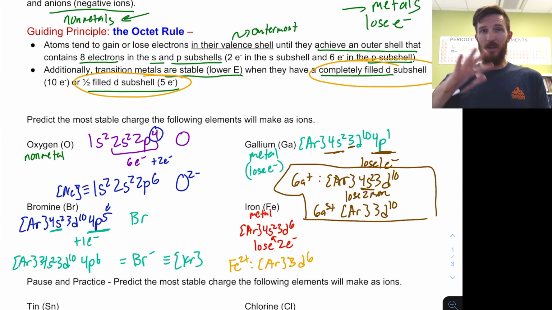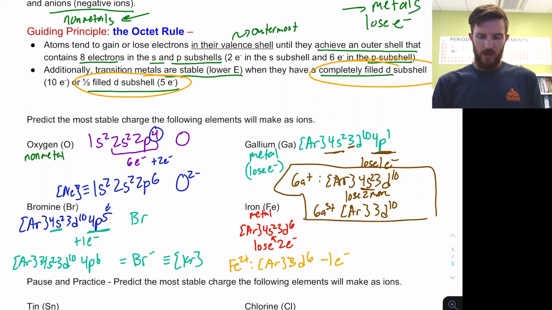We talked about originally in electron configurations that 5 or 10 d orbital electrons is very stable, or lower energy, for our iron. So there's a trade-off here. We would actually want to lose this next electron, 1 more electron, and that's going to be from that 3d6.